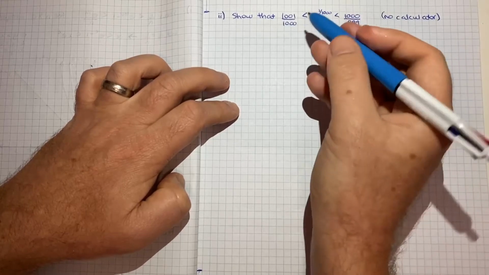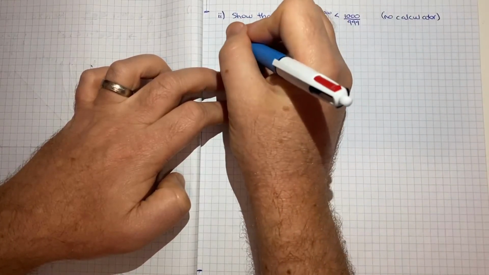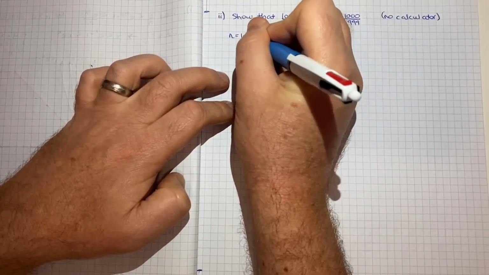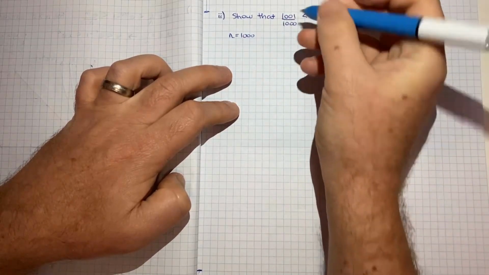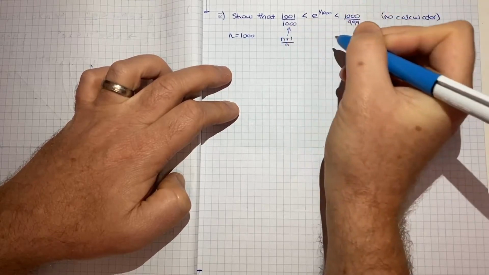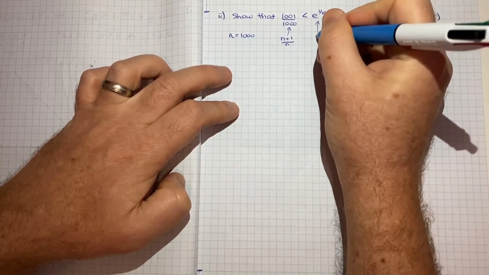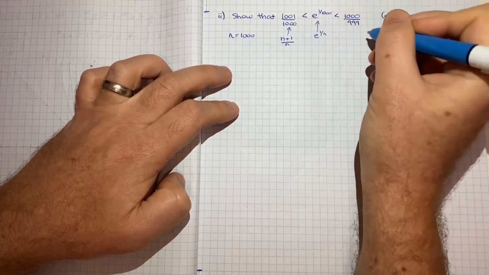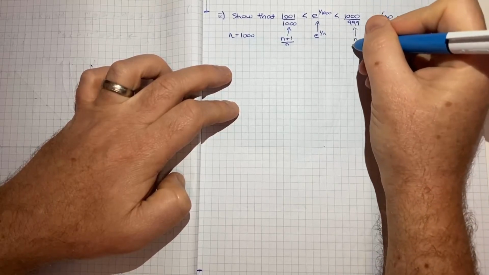One thing I notice is we're kind of effectively dealing with n is equal to 1000, where this first item is n plus 1 on n. This second item is e to the 1 on n. And this third item is n on n minus 1.